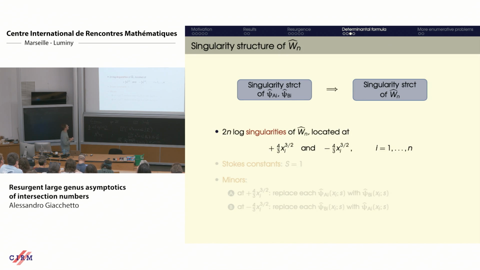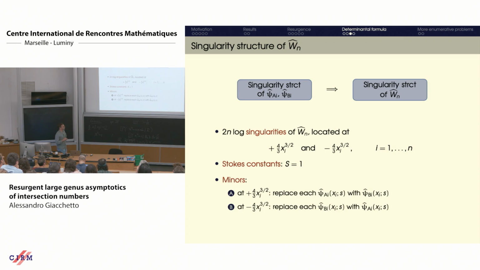So as I was saying, from studying the Airy and Berry function, you get the location of the singularities. And you can also compute the Stokes constant at each of these singularities, which is always 1. And you can also compute the minors, which is maybe the most tricky part. Here, I don't want to give too many details. If you want, we can discuss this later, but the point is the following.